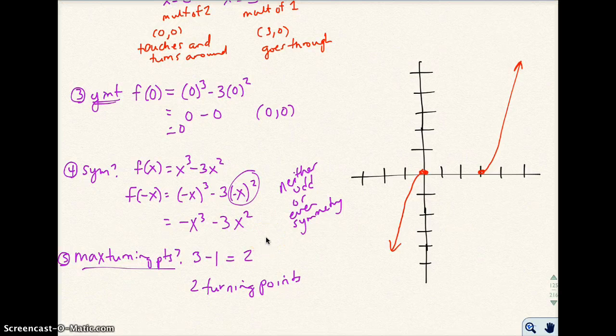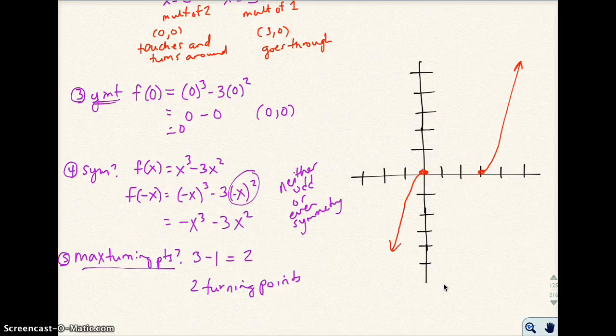So what I'm looking at here is that at this point it should come back down, because it's going to touch that zero and turn around. So it should come back down here, and then come back this way. But I have no idea where it should land here. Does it do this? Does it do this?